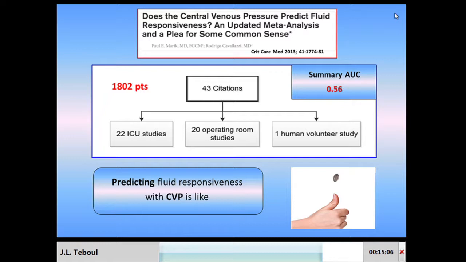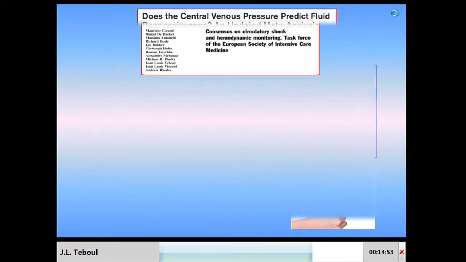And 0.56 is very close to 0.50. This is like tossing a coin. So it is not recommended now to predict responsiveness using CVP.